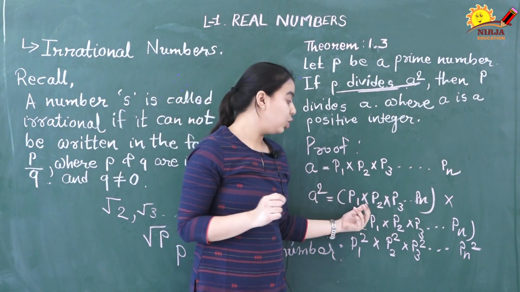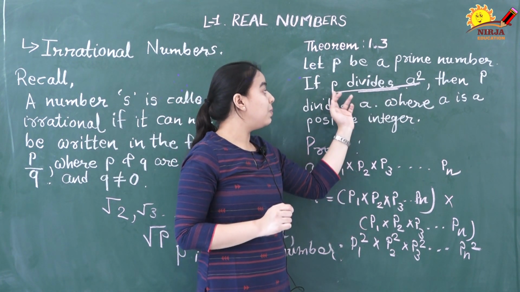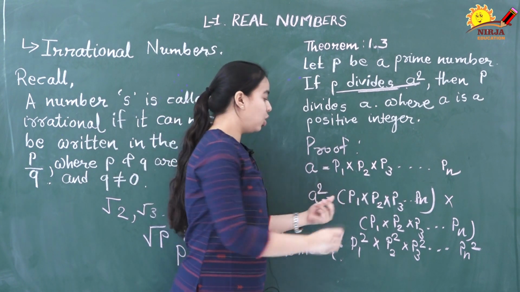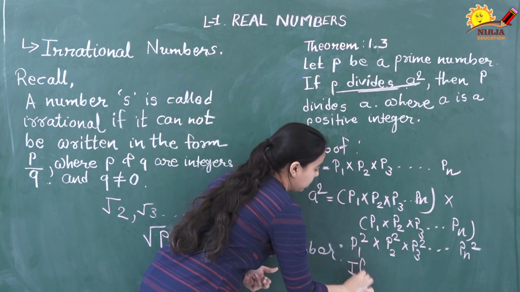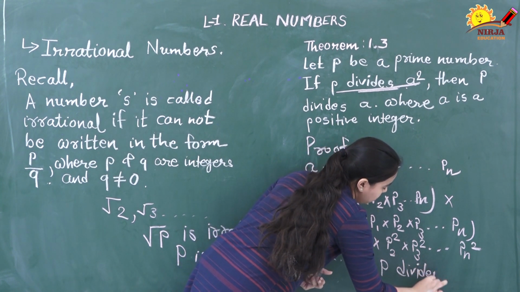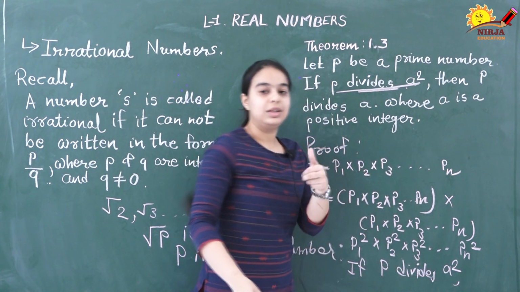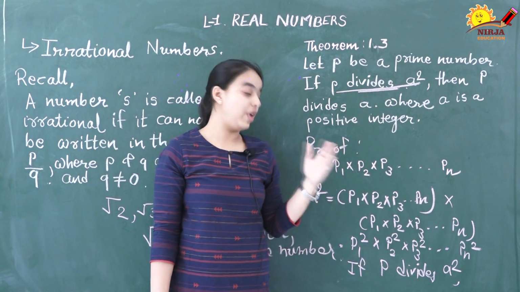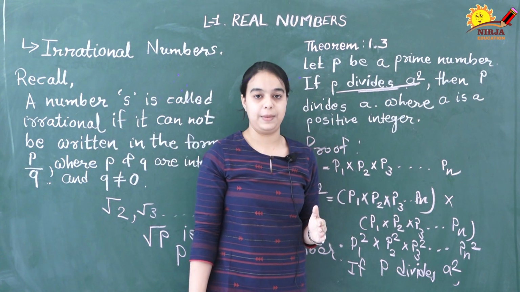So we can conclude that p must belong to some of this factorization. So if p divides a square then p divides a also, because ये factorization जो factors हमको मिले हैं वो unique हैं.